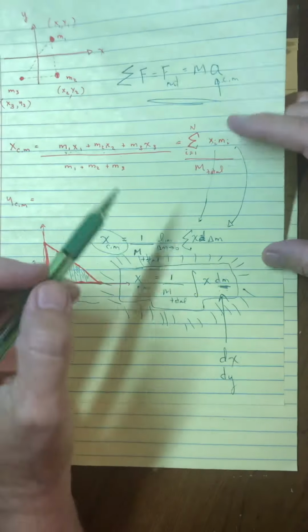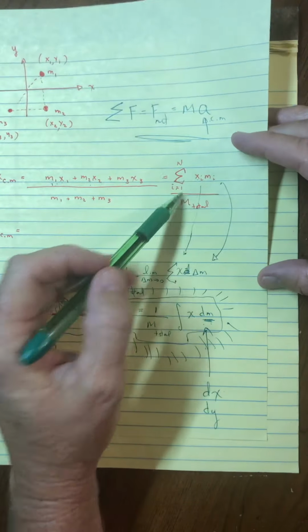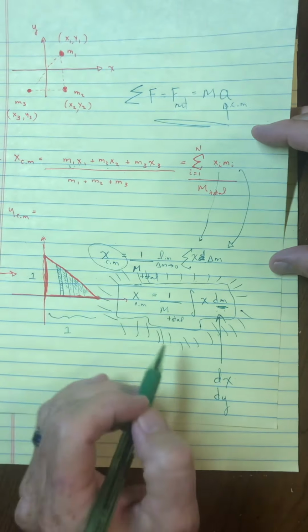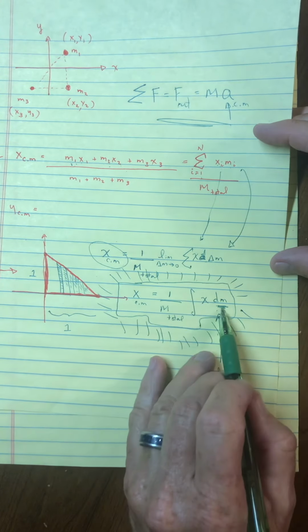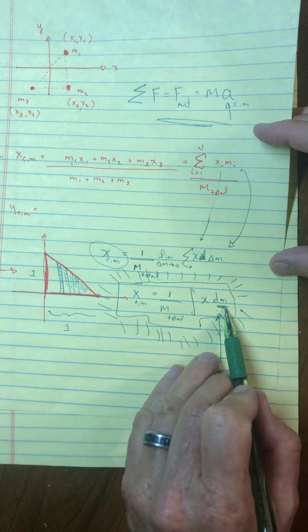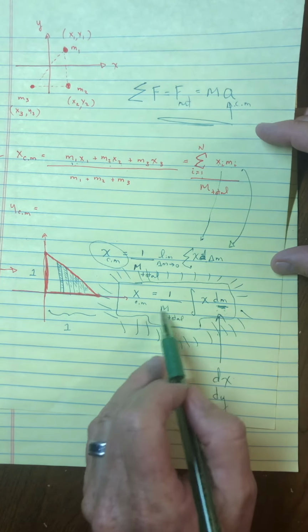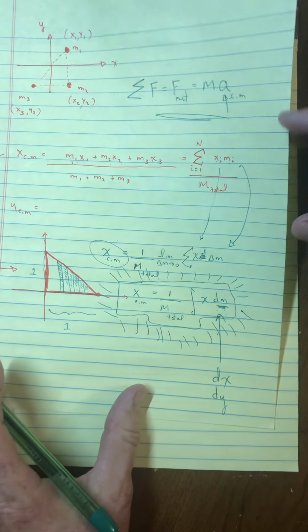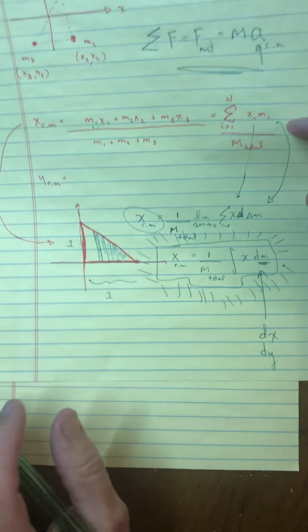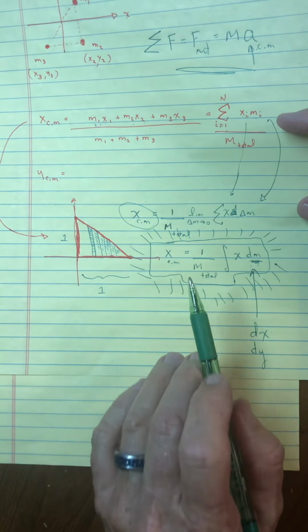But again, this is an important idea: how do we change a sum into an integration? And in the process, we begin to see what dm actually means, and what the x actually means, and maybe the easier one, what the total mass means. Okay, so keeping that in mind, let's see if we can actually do this problem.